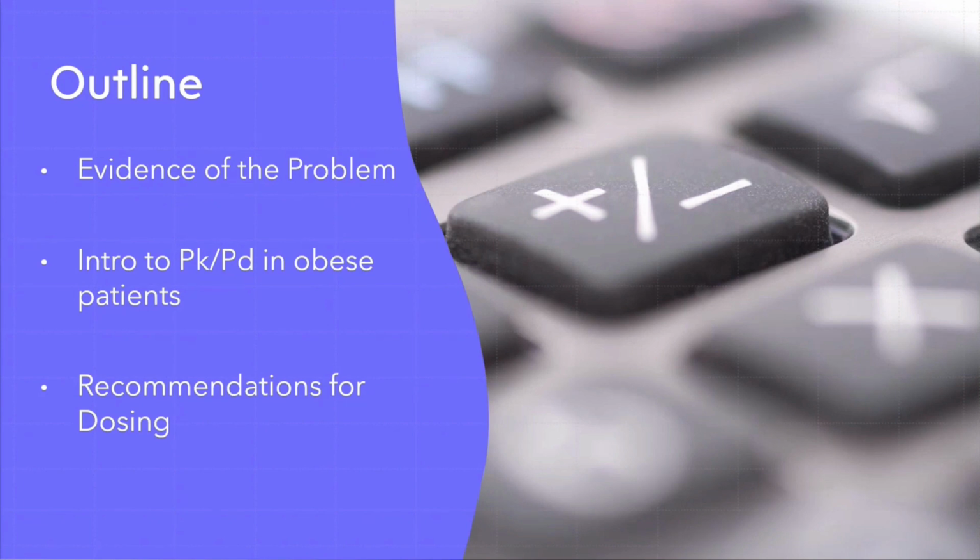But of course, what we'll find is that still very little data exists when it comes to making adjustments in antimicrobial agents for obese patients. As expected, it comes from small population cohorts, usually retrospective data, and various case reports.